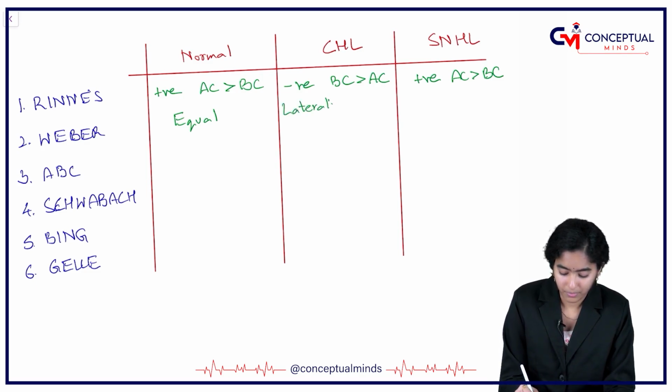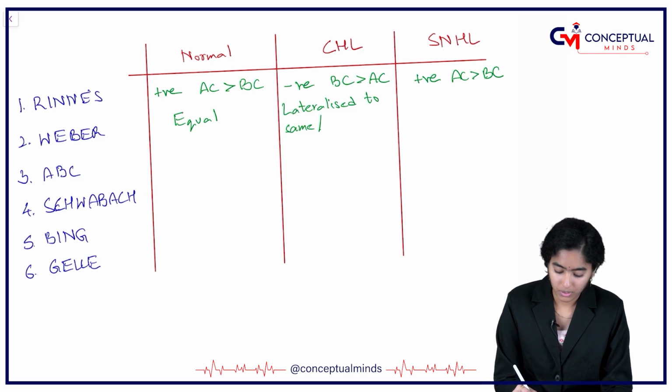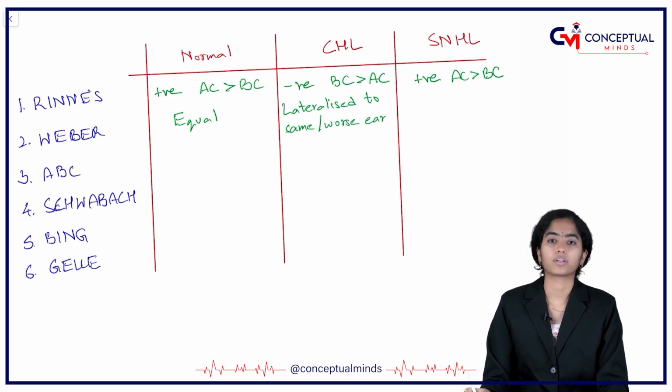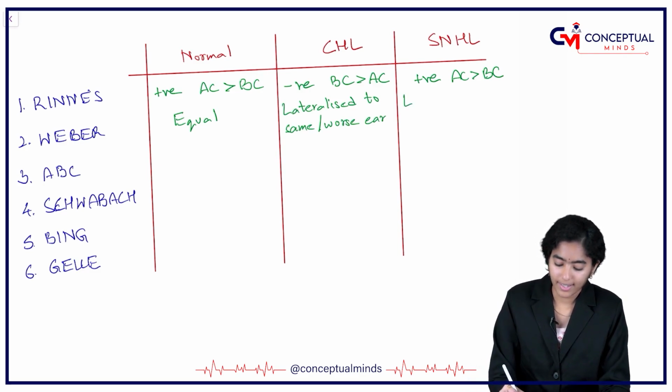That is, whichever side there is disease, it is lateralized to the worse ear. If the patient is having sensorineural hearing loss, then it is lateralized to the opposite ear or to the better ear.